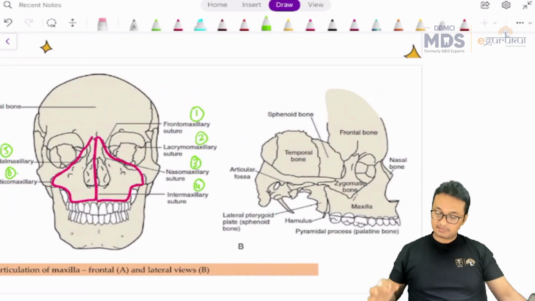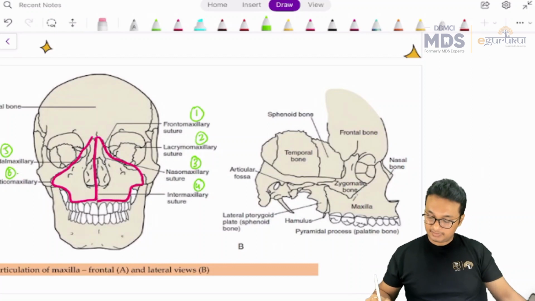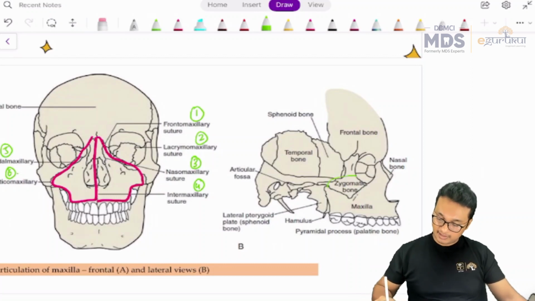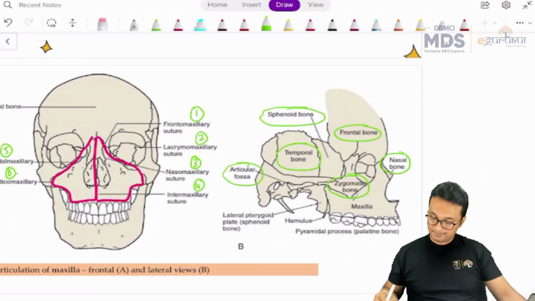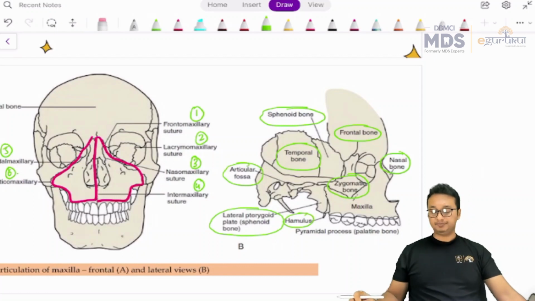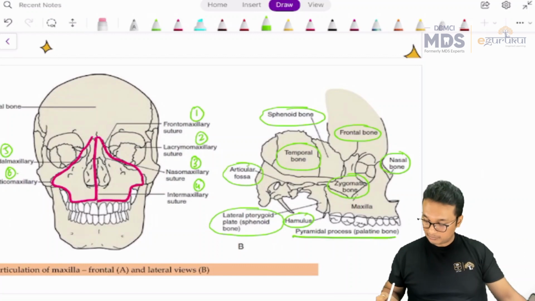If you look at the maxilla from the side, in cross section, you see that the maxilla is attached to the zygomatic bone, the nasal bone, the frontal bone, sphenoid bone, temporal bone, articular fossa, and the lateral pterygoid plate of the sphenoid bone, as well as the hamulus, and also the palatine bone.